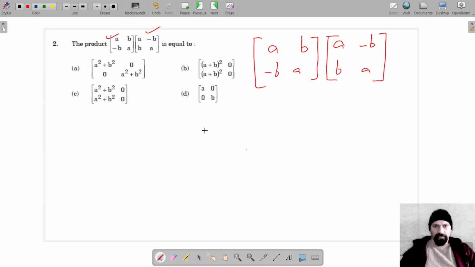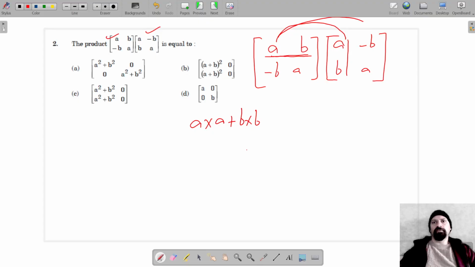To find the product, we are going to find the sum of the product of the respective elements of the rows and the columns. So we have to multiply A with A. So this is A into A plus B into B. This is the first element. And now use the first row with the second column.